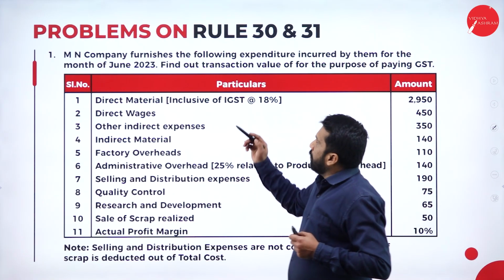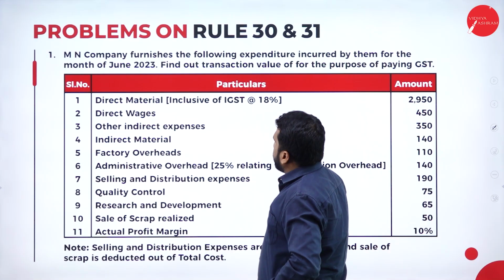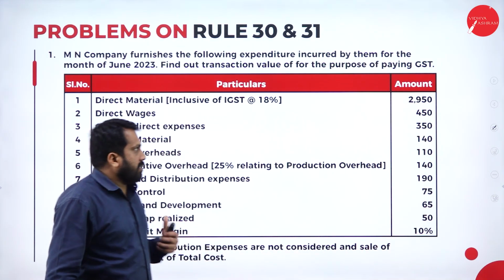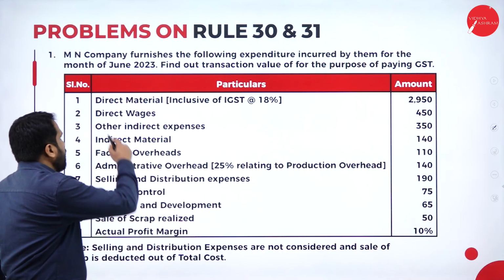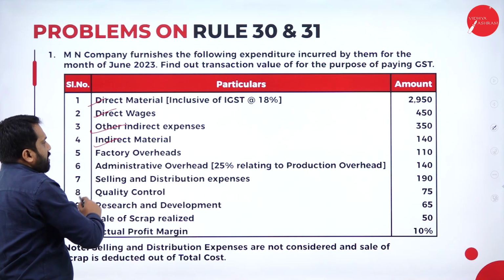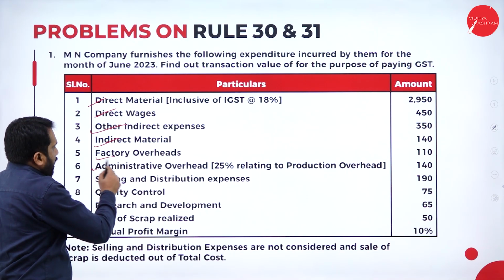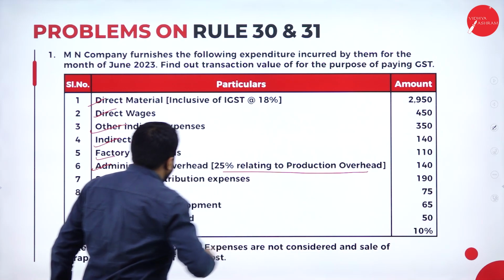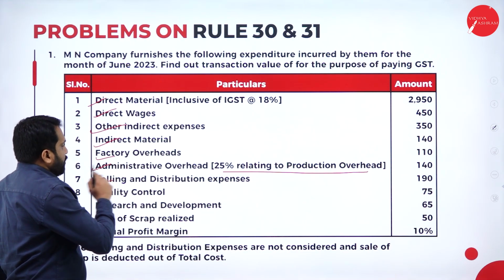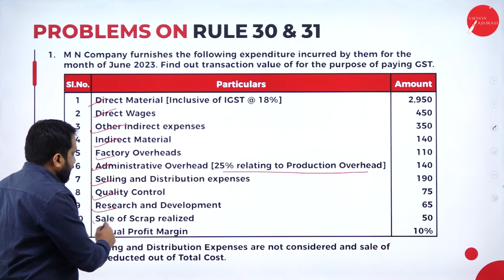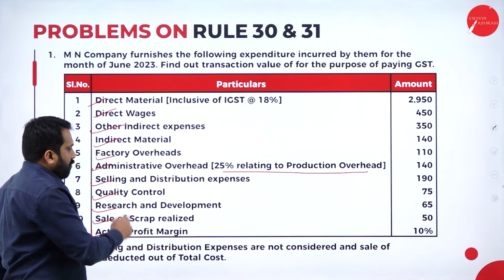Now, problems on Rule 30 and 31. Direct material inclusive of IGST. They have given 2,950. Direct wages, other indirect expenses, indirect material, factory overhead, administration. In this, 25% related to production overhead, selling and distribution, quality control, research and development, sale of scrap, actual profit margin.